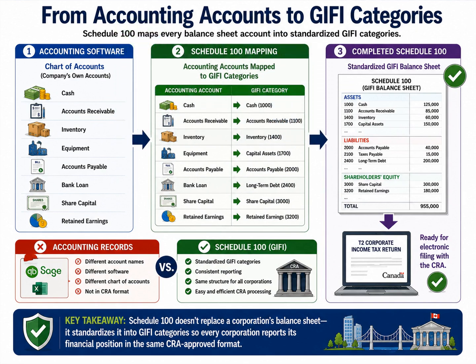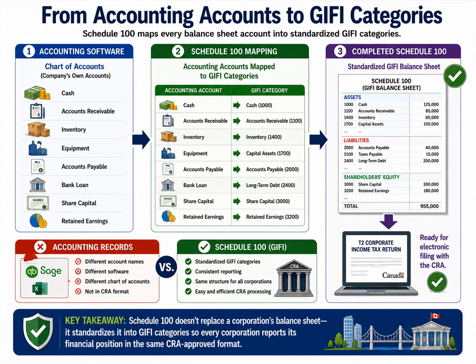The process begins with the corporation's accounting software or general ledger, where all balance sheet accounts are recorded. These accounts include items such as cash, accounts receivable, inventory, equipment, accounts payable, bank loans, share capital, and retained earnings.